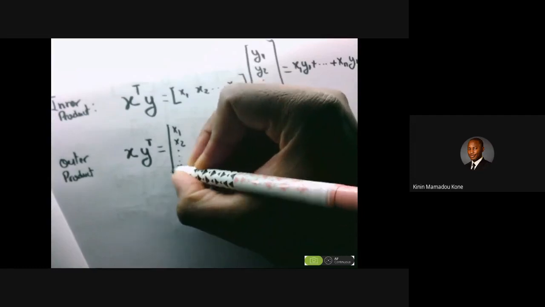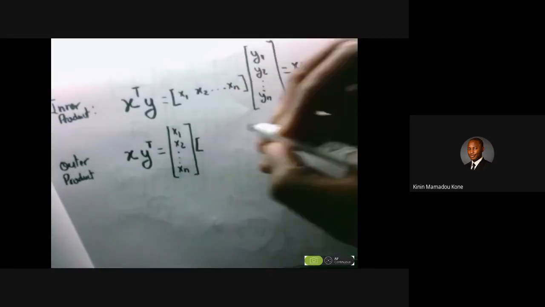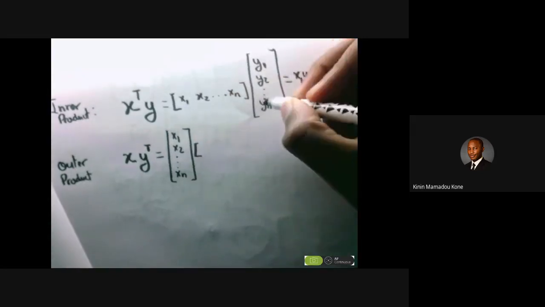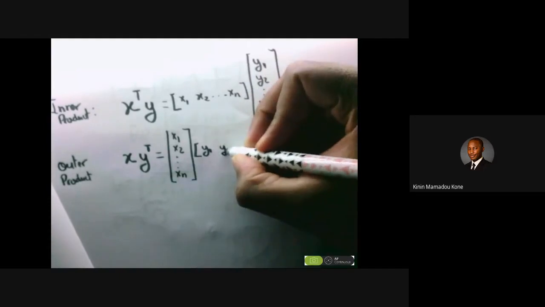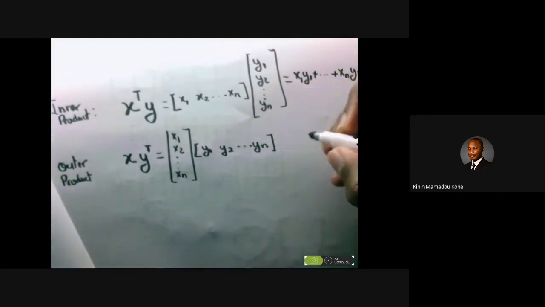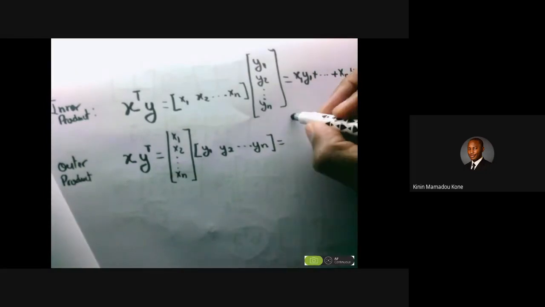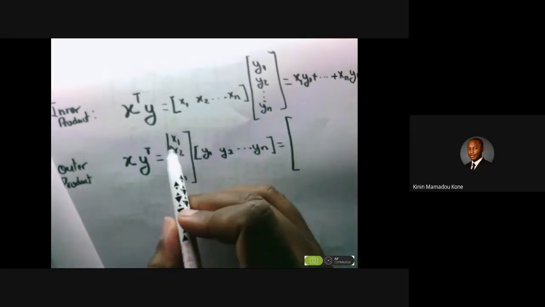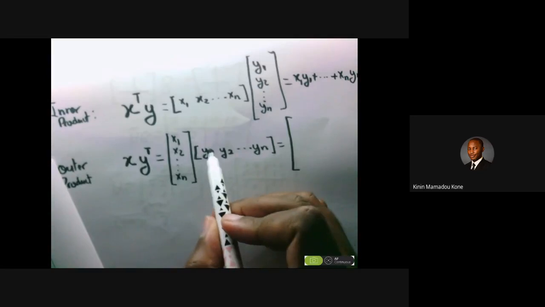x sub 1, x sub 2, all the way to x sub n, multiplied by the transpose of the vector y with entries y1, y2, all the way to yn. It is going to give you the following. You take this row, you multiply it by this column.